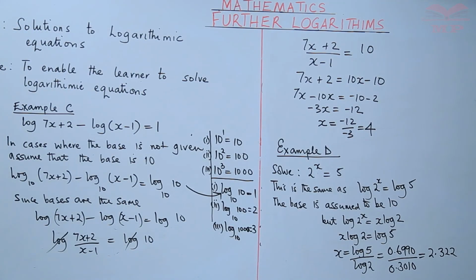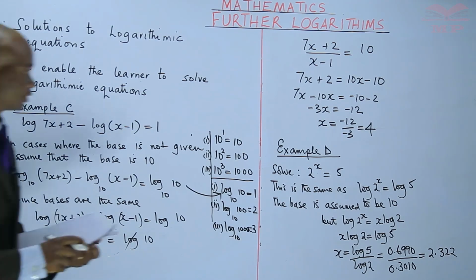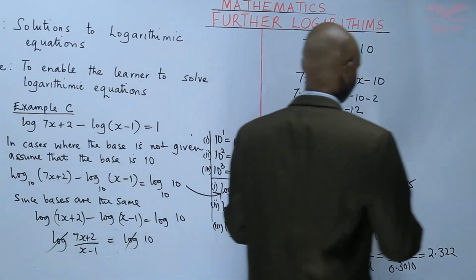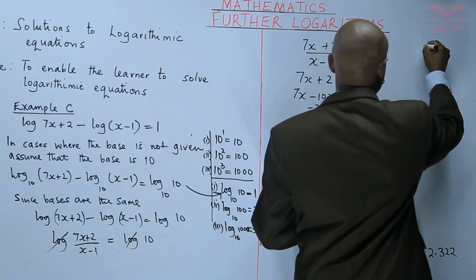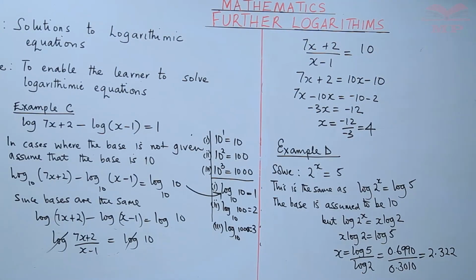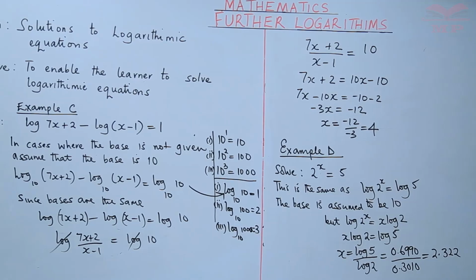We can look at one more example. We can call it example C. Because of space, let's just use a visible area.